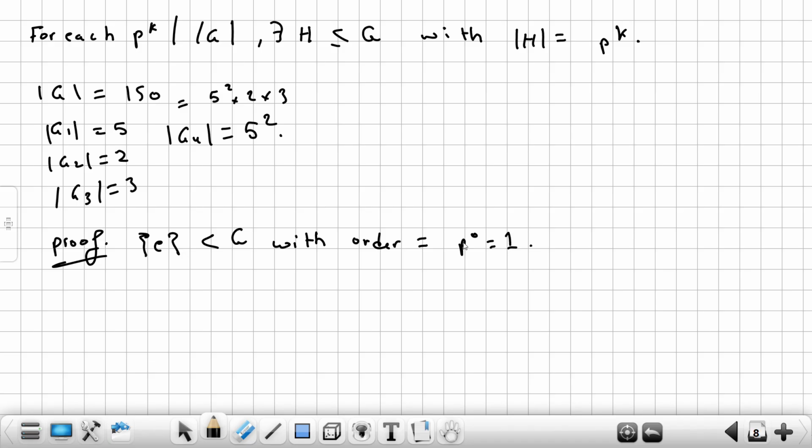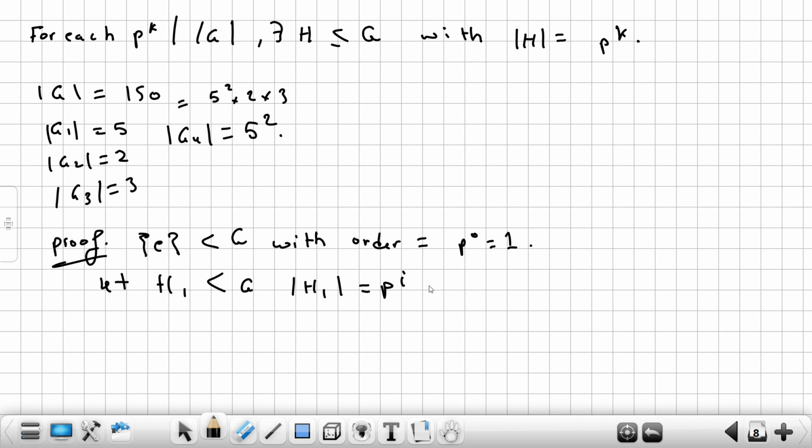Now, to prove Sylow's first theorem, we need, starting from a subgroup H1 of G with order p^i, to construct a subgroup H2 of order p^(i+1).